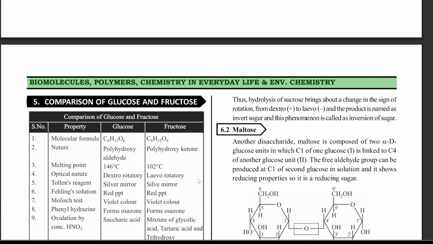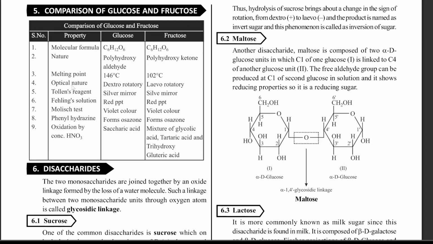Now the comparison between glucose and fructose can be asked as a part of your examination. So kindly remember these basic differences. Both have the same molecular formula. One is a polyhydroxyaldehyde and the other is a polyhydroxyketone. Glucose has a higher melting point as compared to fructose. Glucose is dextrorotatory, fructose is levorotatory.